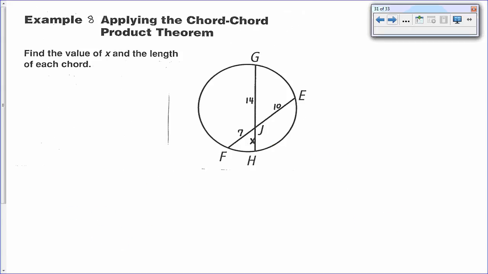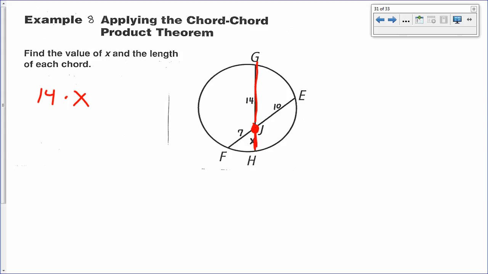All right, three more examples here. Now the segment examples, okay? They give you three of them, and you have to find the last one. The relationship is that GJ times JH is going to equal FJ times JE. 14 times x, so this piece times this piece.